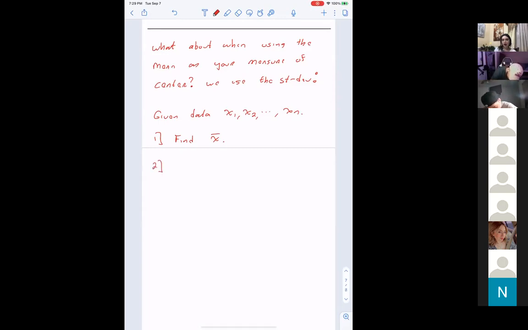Then step 2, find the sample variance, S squared, which is equal to the following formula. Write that down first, and then I will explain it.